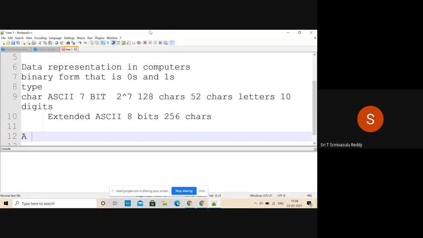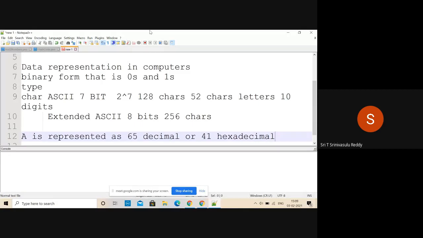Capital A is represented as 65 decimal, or 41 hexadecimal. Both are one and the same.